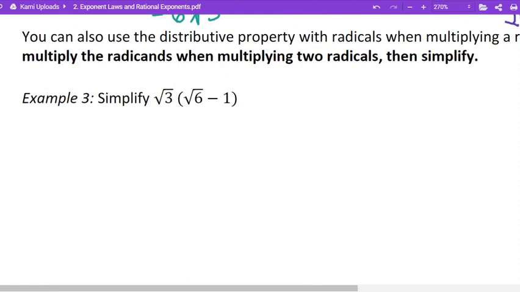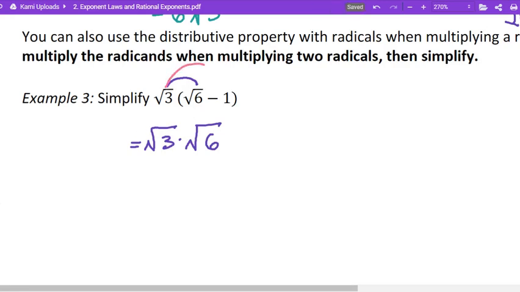All right. Now, we can also multiply radicals, okay? And so when you do that, you multiply the 2 radicands. So if I have root 3, a monomial, times a binomial, I'll multiply 3 times root 6, right? So that's root 3 times root 6.